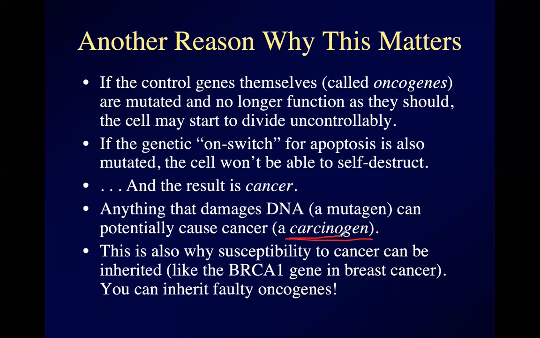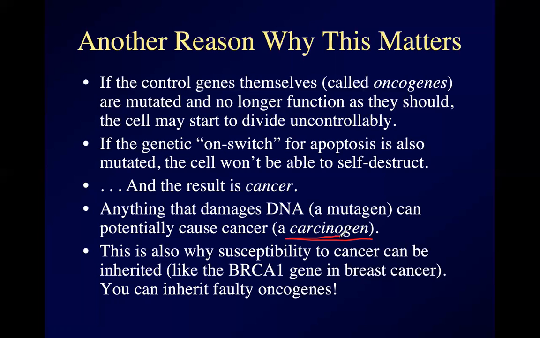Yeah, that's why cancer means both a severe disease and the sign of the crab in the zodiac, if anybody was curious. So yeah, anything that damages DNA has the potential for causing cancer if it happens to damage the oncogenes and damage the genes that are involved in apoptosis.